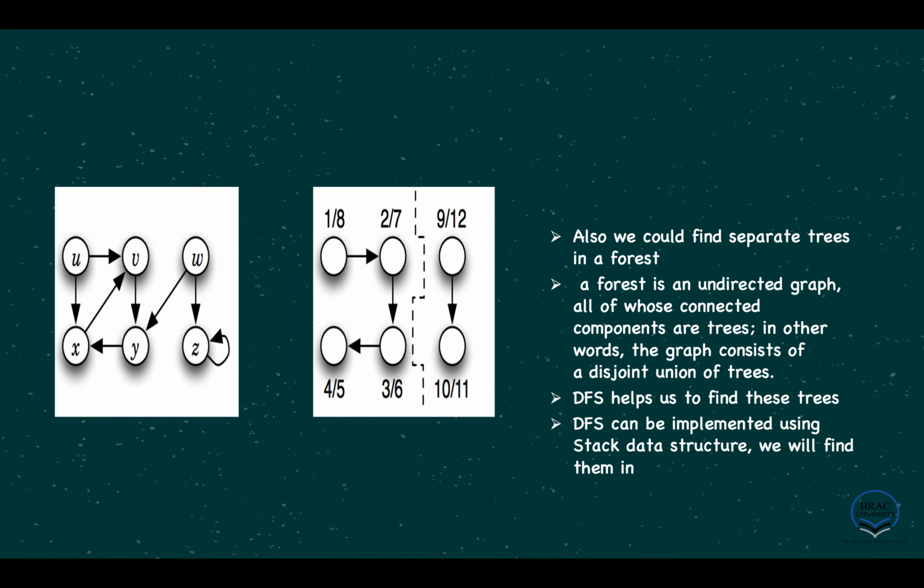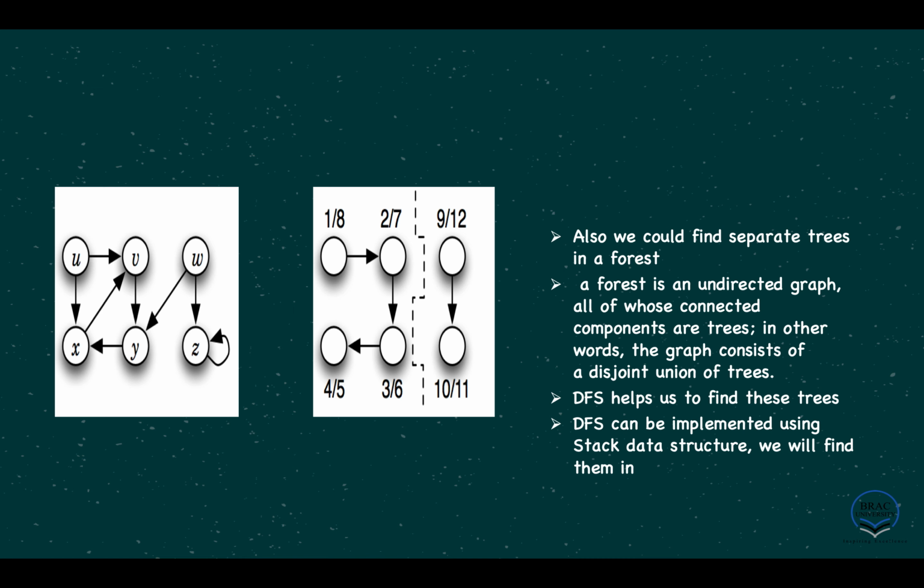Also, we could find separate trees in a forest. As you can see in this image, we actually did have two graphs inside one graph, and they were connected, right? So what is a forest? A forest is an undirected graph whose connected components are trees. So in a forest there are connected components, and those are called trees.